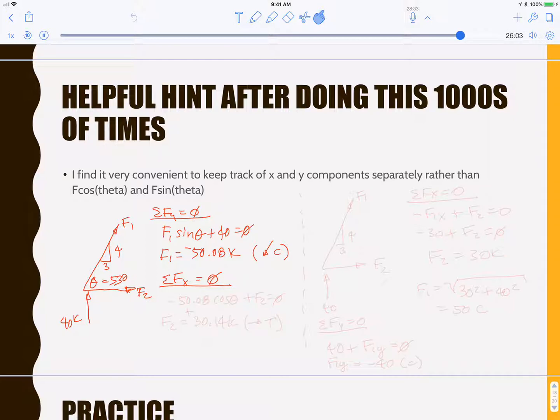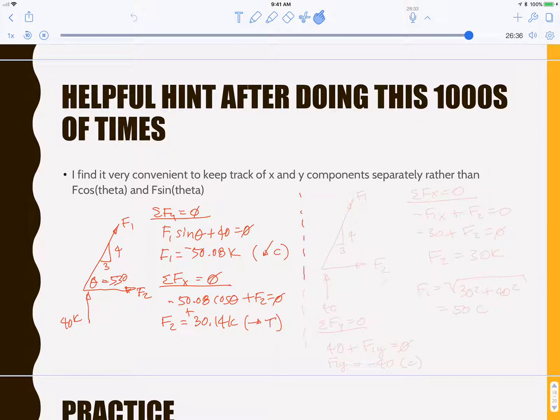Okay, sum Fx is 0, so we have minus 50.08 cosine theta plus F2 equals 0, or we get F2 equals 50.08 cosine 53, which is 30.14 kips, and that was positive, so that's that way in tension.